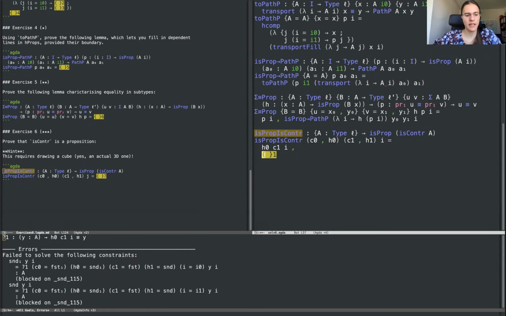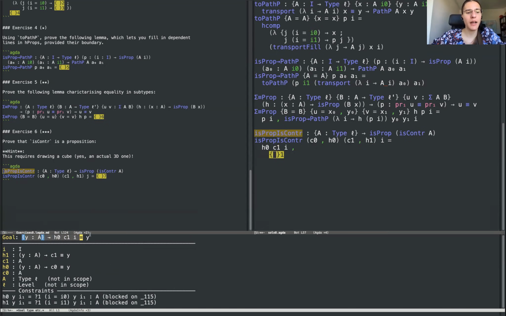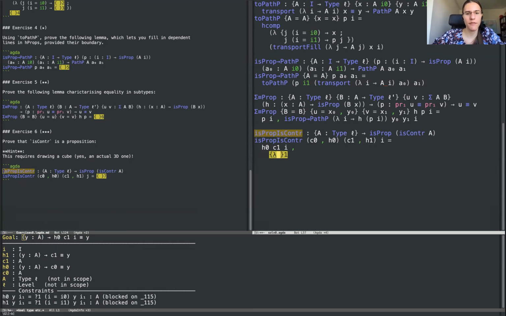And now we're going to need to be clever. So I want a point in this path type. Well, to give a point in this path type, I can abstract over it.